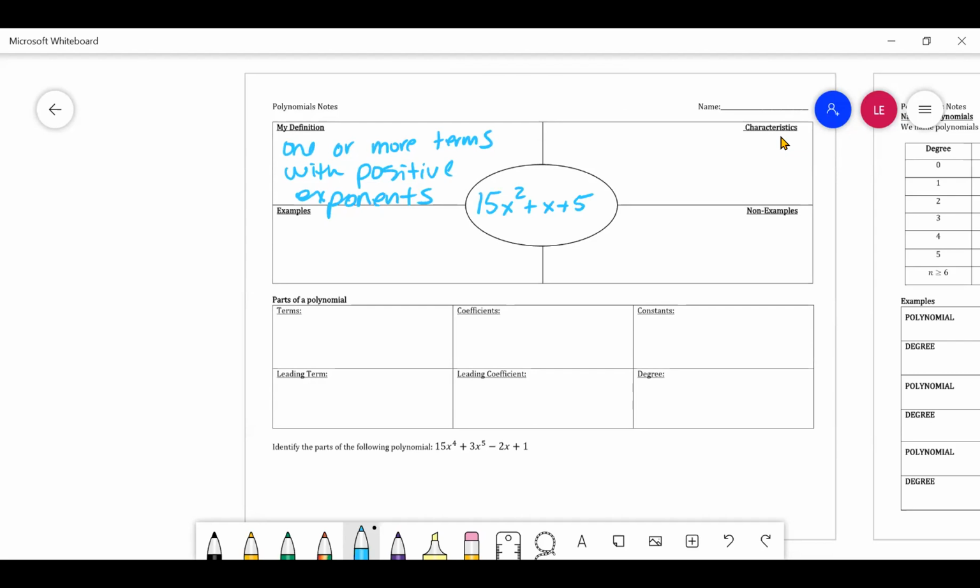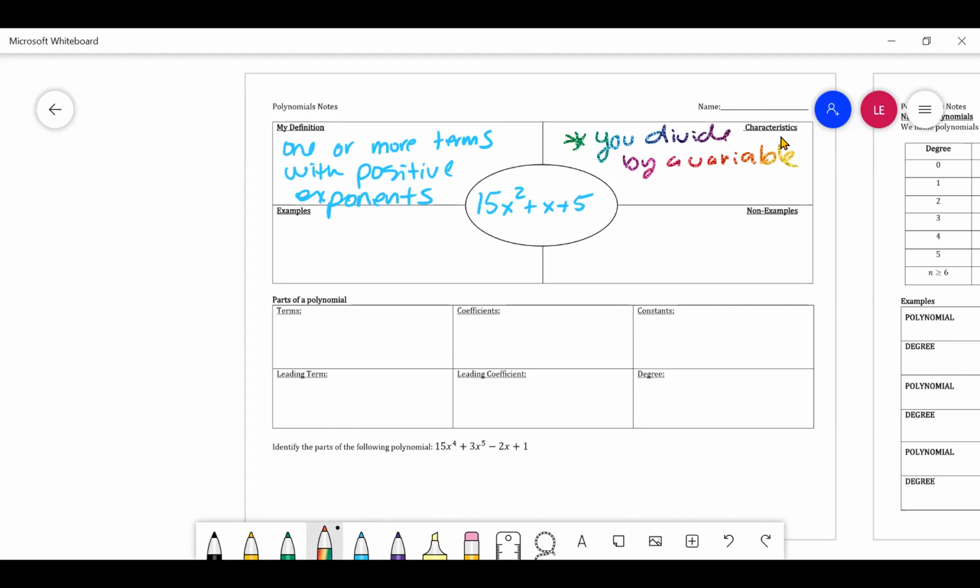Where it says characteristics, I was debating what we should list right here: things that aren't polynomials. You can't divide by a variable.